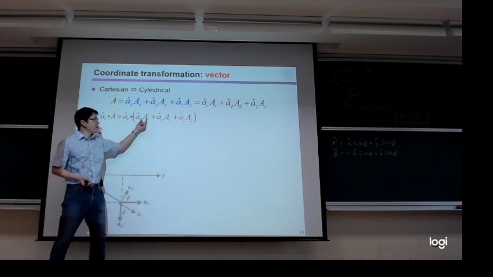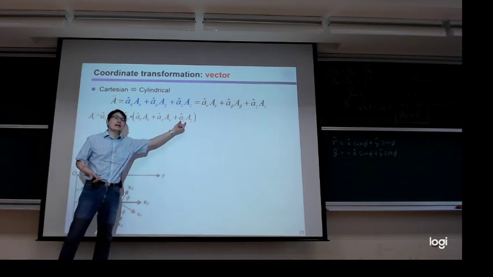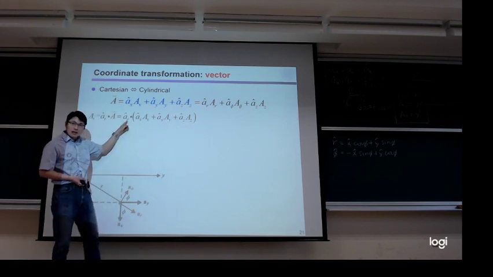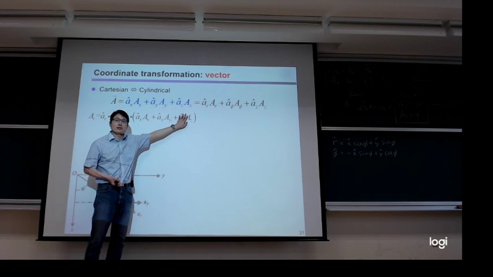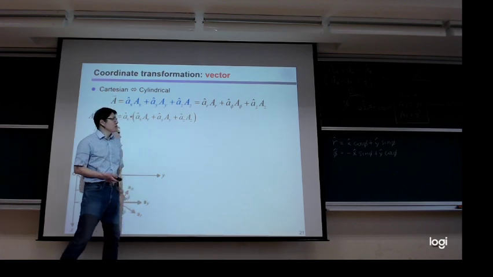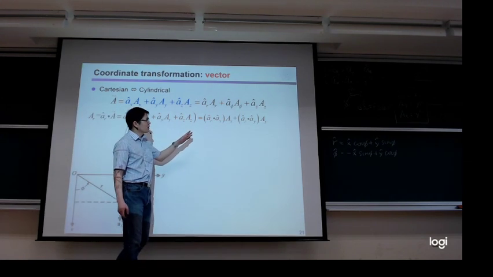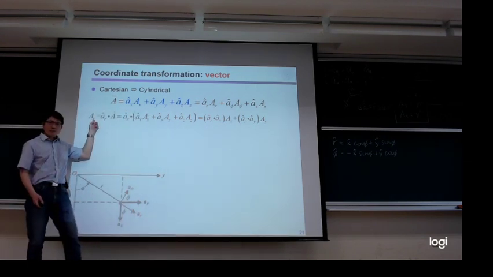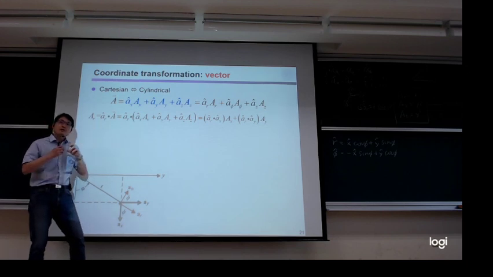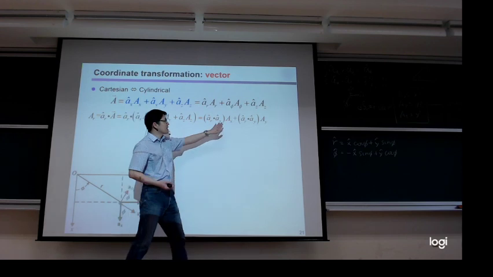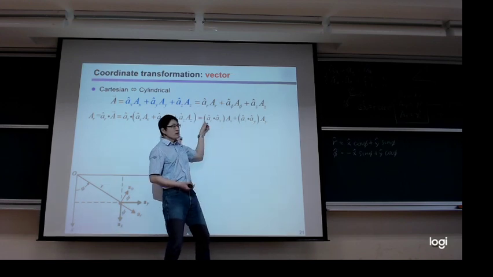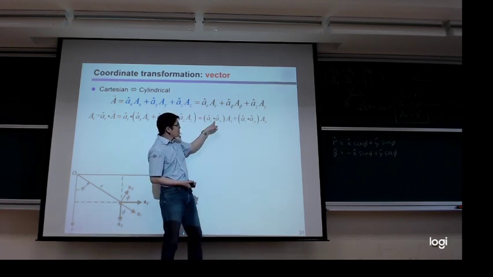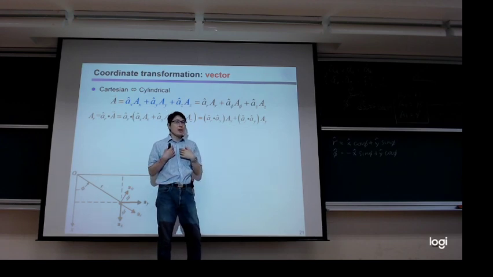Ideally, you would have three terms, but in the end, because the r unit vector is orthogonal, perpendicular to z, this one is not there. So all you have is Ar. The Ar component is now contributed from the sum of the Ax plus Ay components, but with certain scaling factors. And those scaling factors, we already know. Why?